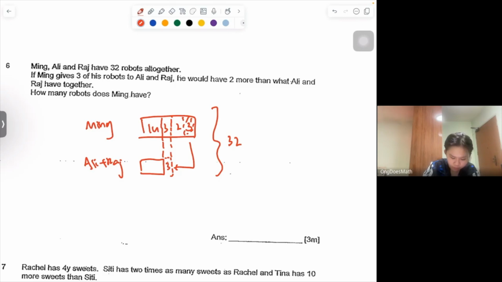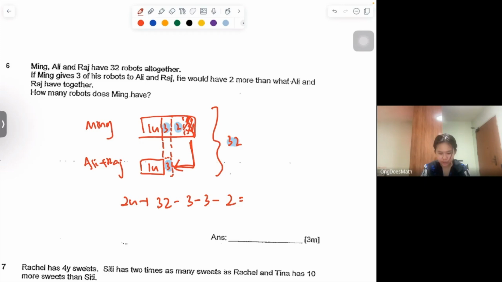So remaining, I can just put 1 unit, 1 unit. Okay, so I hope you know that this 3 was already given here. So this 3 doesn't exist anymore. So can you see that if I take 32, minus 3, minus 2, minus 3, I will get back 2 units. So 2 units is just 32, minus 3, minus 3, minus 2.